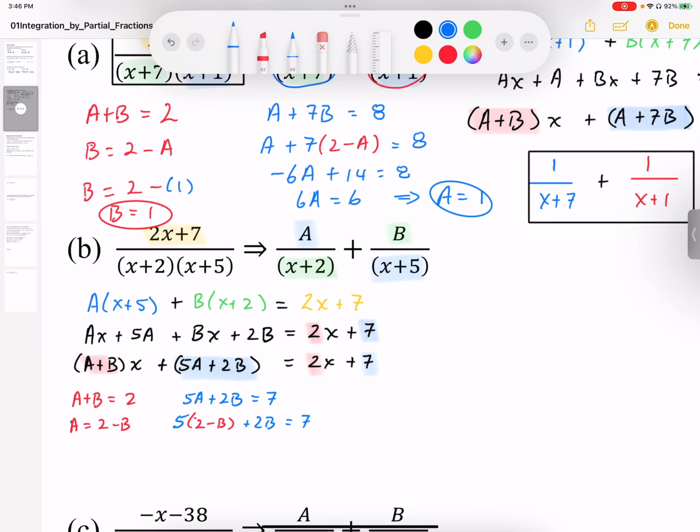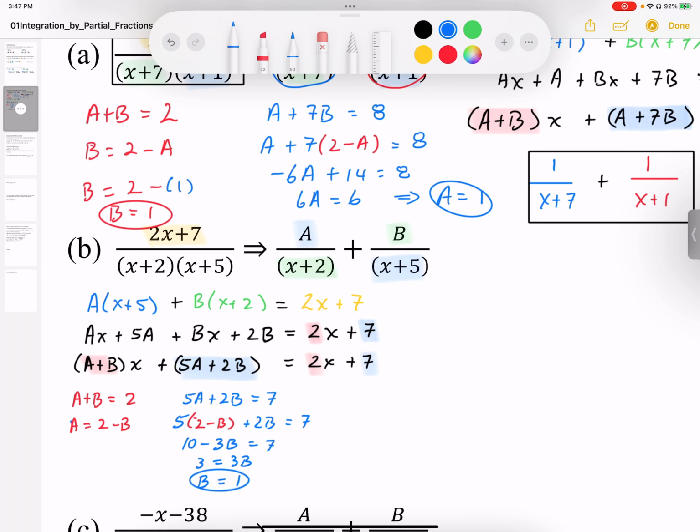The only variable left is b, so I'm going to end up with 10 minus 5b plus 2b, which is 10 minus 3b equals 7. So I get 3 is equal to 3b, or b equals 1.